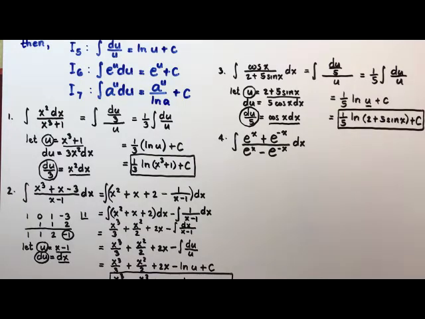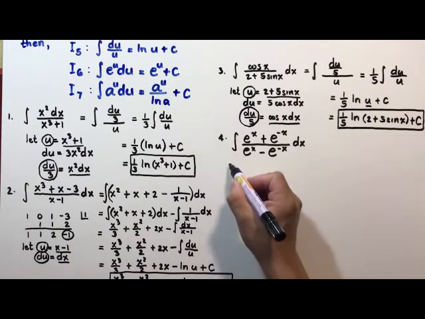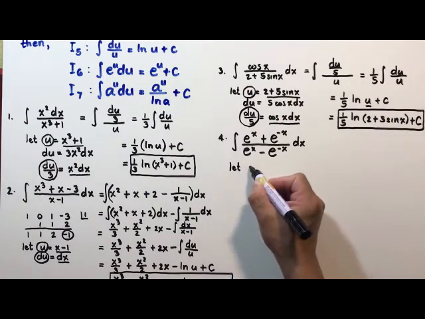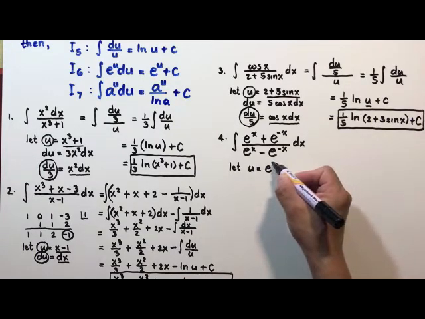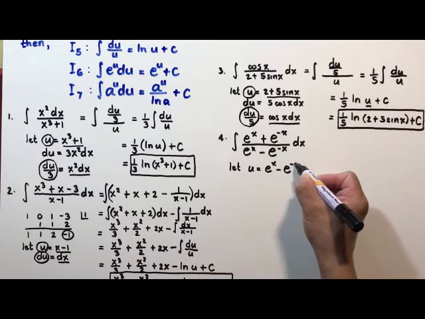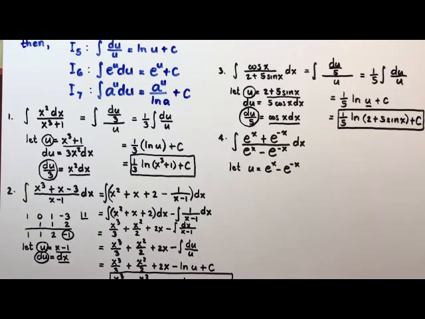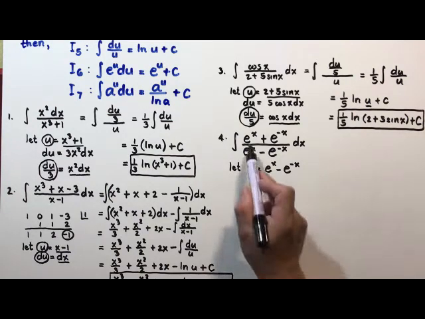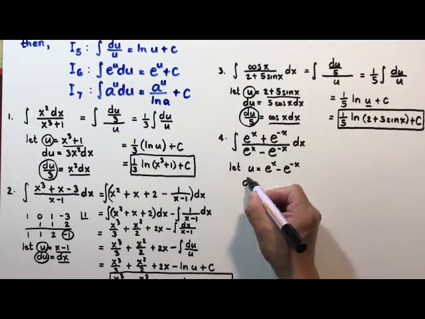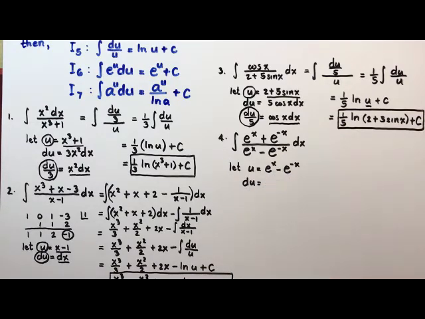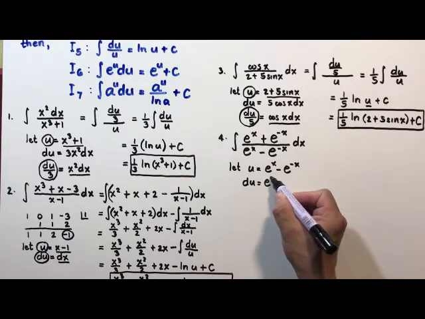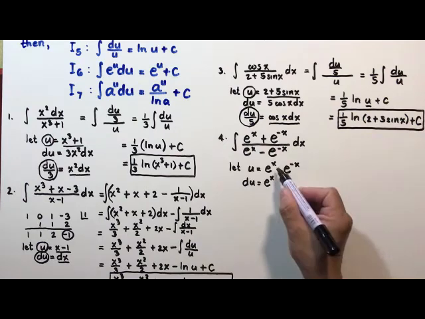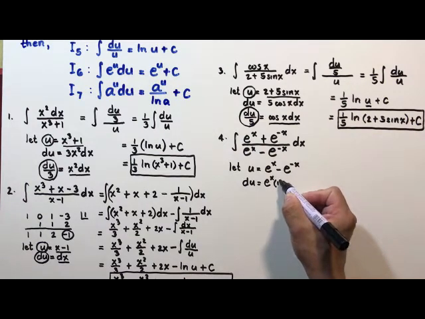Just relax because you realize that when you let u be equal to the denominator e to the power x minus e to the negative x, I realize that I can get my du that is the same with the numerator, because when I get the derivative of e to the power x in our differential calculus, the derivative of e to the power x is e to the power x times the derivative of the exponent x, which is 1.